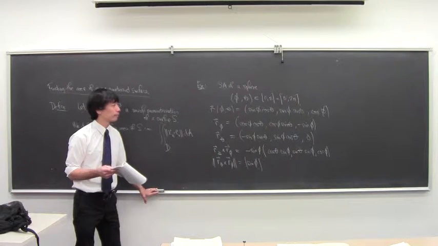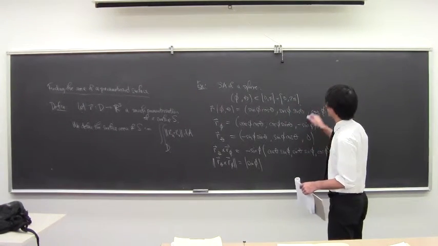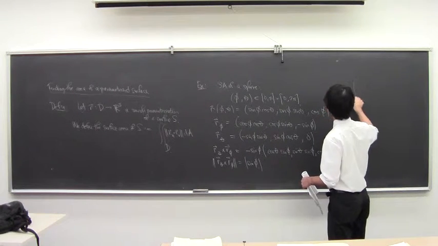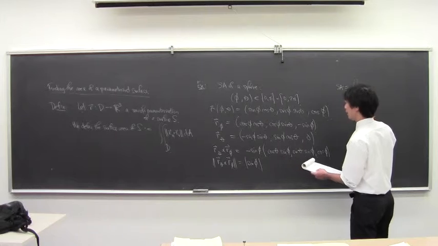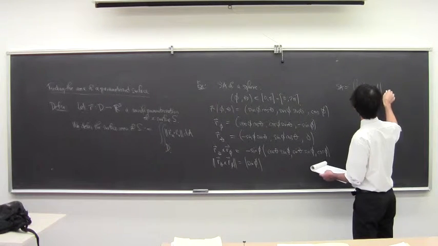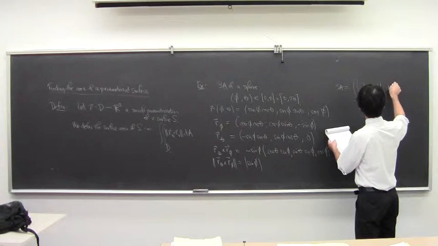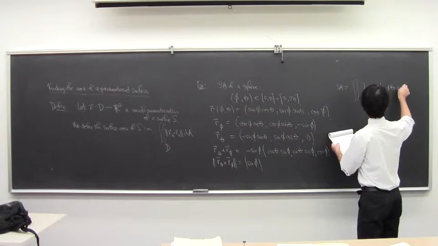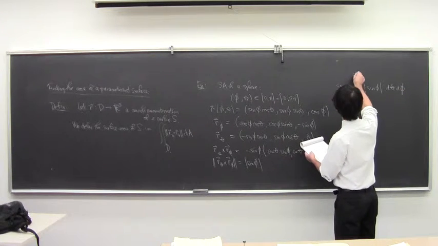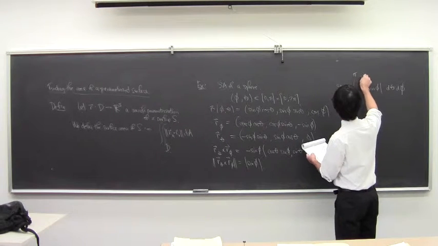So calculating the surface area, the surface area is going to be the double integral of the absolute value of sine phi dA, that is, d theta d phi, as phi goes from 0 to pi, and theta goes from 0 to 2 pi.